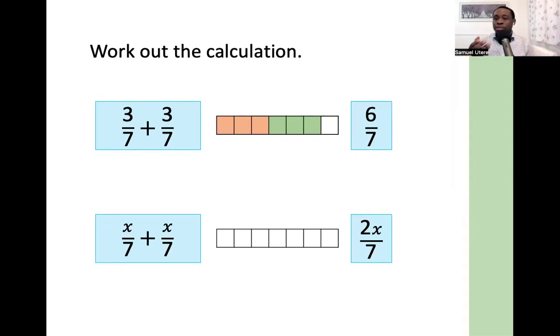We know we'll have 7 parts, but x means we don't know the number of parts we'll shade. It doesn't make any difference. We just stick to the principle that x add x is equal to 2x, and we add to that knowledge the fact that when we have equivalent denominators, we can simply just add the numerators.